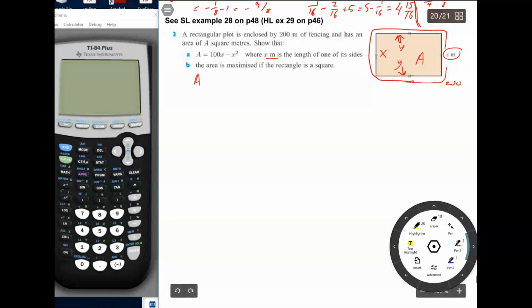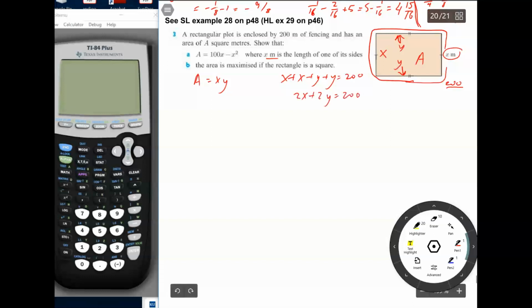So we know that area equals x times y, right? Now, do we know something about y that we could figure out from x? Well, we do know that the perimeter is 200. We didn't use that yet. So if I add all the sides of the fence, I can set it equal to 200 because the perimeter is 200, right? So 2x plus 2y equals 200.